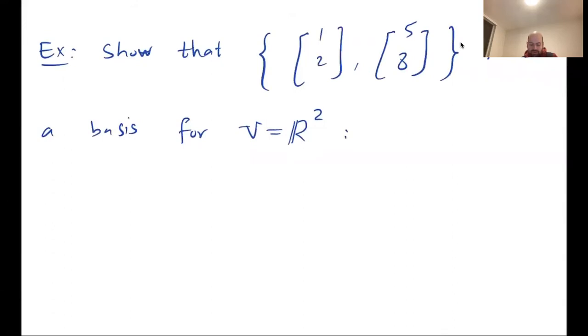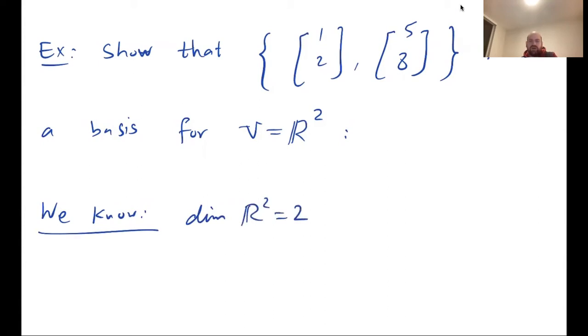We know from Math 252 that the dimension of Rn is n, right? So the dimension of R2 is 2, and this set has two elements. The number of elements in this set matches the dimension of this vector space. This is 2, this is also 2.